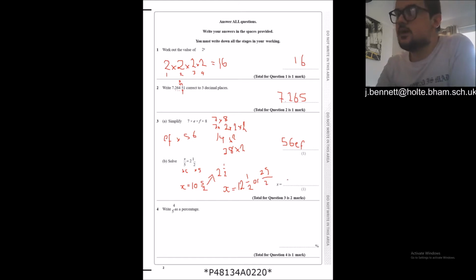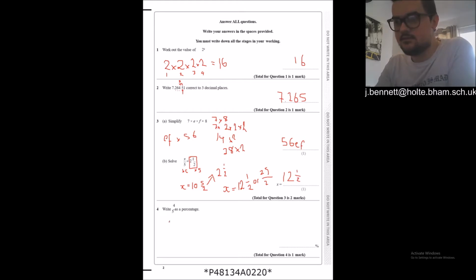It doesn't say what it wants, so I'm assuming you can put either. I'm going to put it as 12 and a half, because the question has a mixed number here, so I'm going to leave it as a mixed number in the answer. 12 and a half.